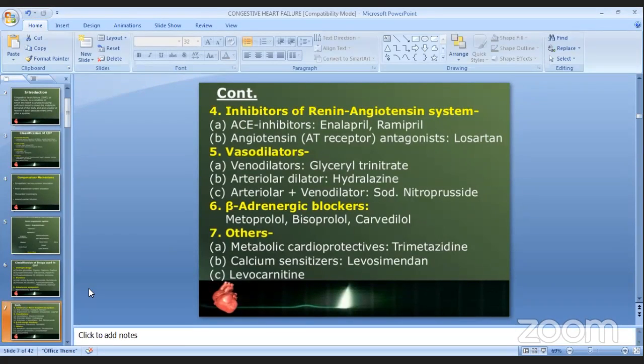Some anti-anginal drugs, that is the nitrates, are also used, and sometimes to relieve pain we use lidocaine type of drugs, along with procainamide.